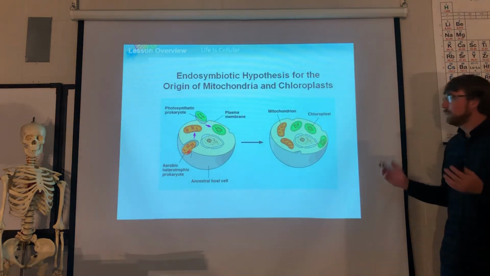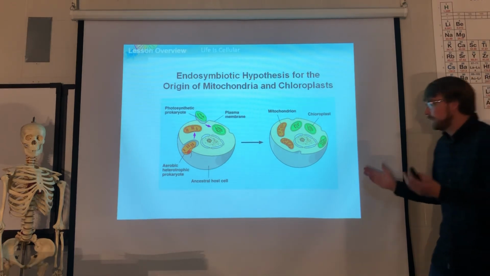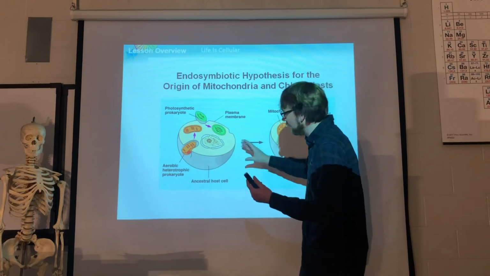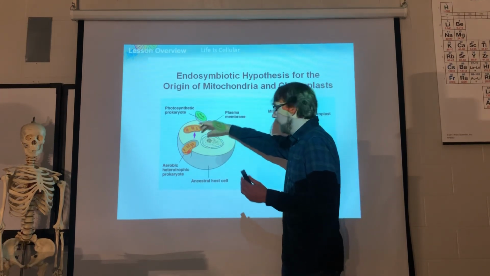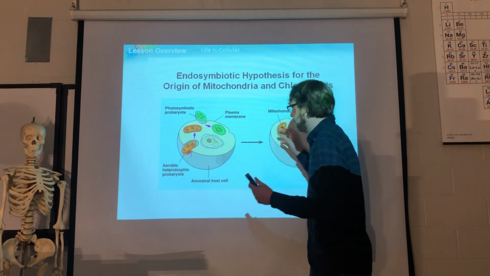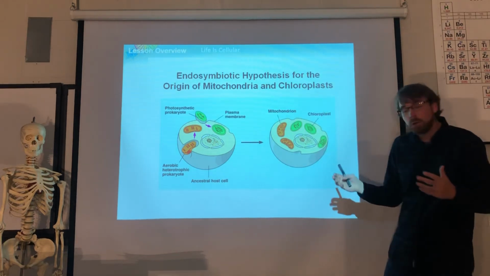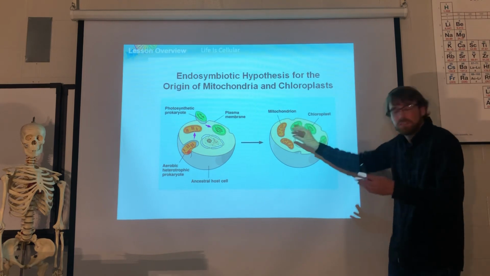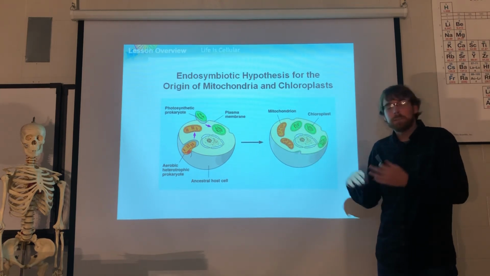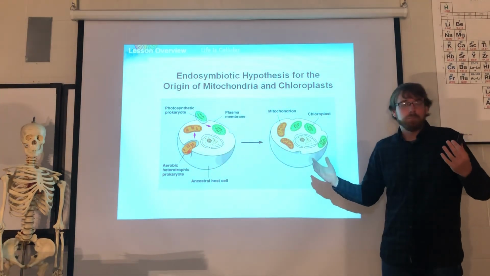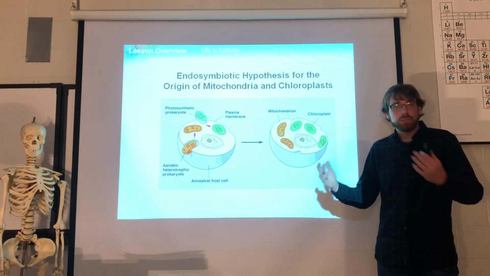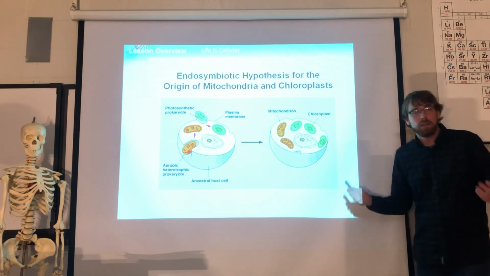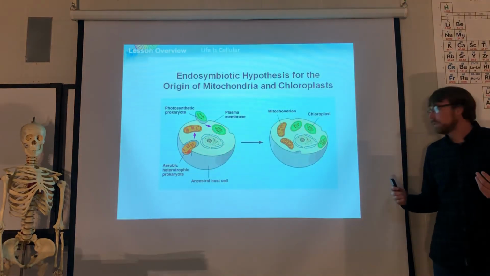The endosymbiotic theory states that there was some sort of ancestral primitive cell. It took in mitochondria, it took in chloroplasts, and instead of just devouring these organisms, these organisms began to live inside and they became symbiotes with us. Today we rely on these mitochondria and chloroplasts for basic life functions.